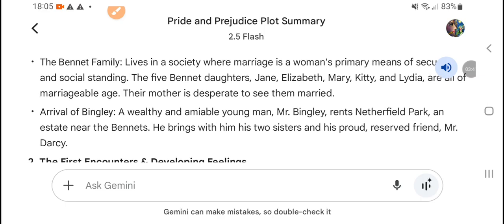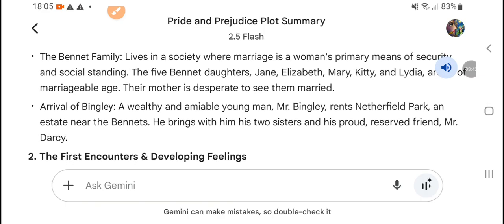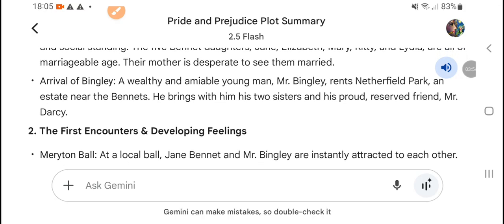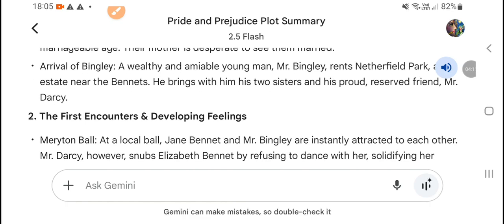Almost from Jane to Lydia, all are of marriageable age. Their mother is desperate to see them married, and the mother is a very simple and a little bit lethargic lady, but a very sweet lady, very nice at heart, and she is desperate to see all her daughters married.